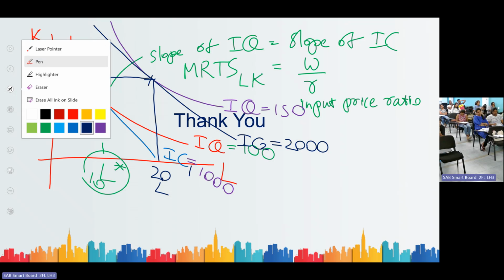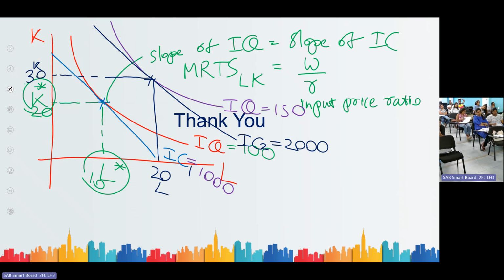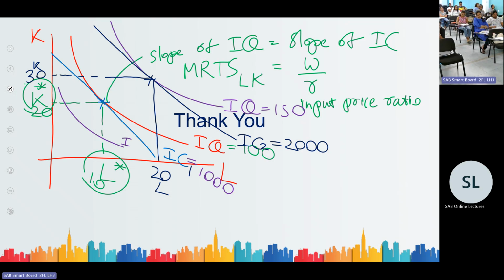Again, let's say the firm wants to produce an output level of 50. Does this firm have to incur a cost of 1,000 rupees to produce 50 units?